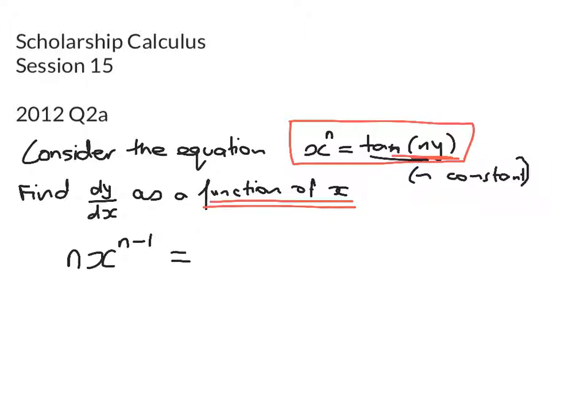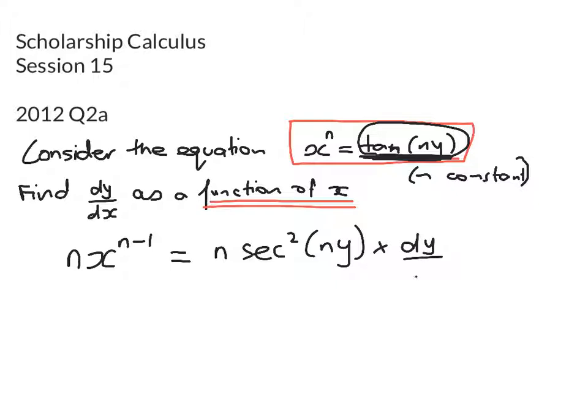Then over here I'm going to differentiate with respect to y and then multiply by dy by dx. So that will give me n sec squared of ny. That's just the chain rule, differentiating this with respect to y times dy by dx.